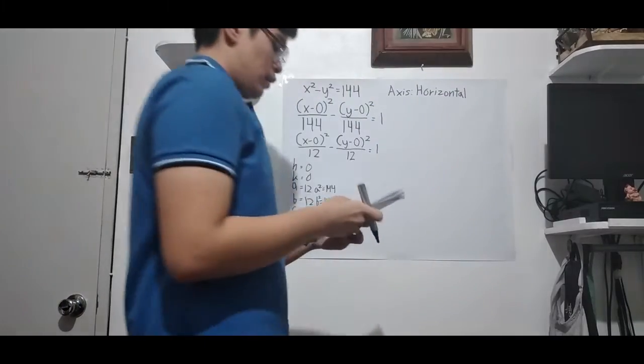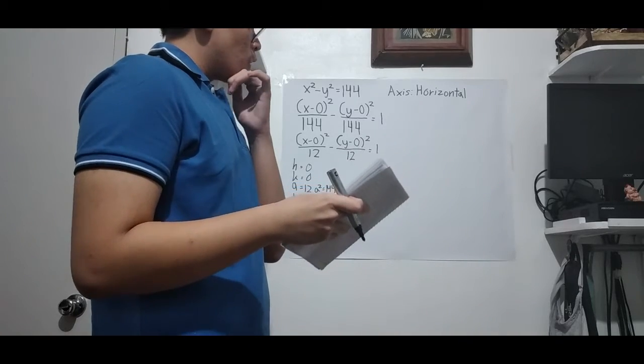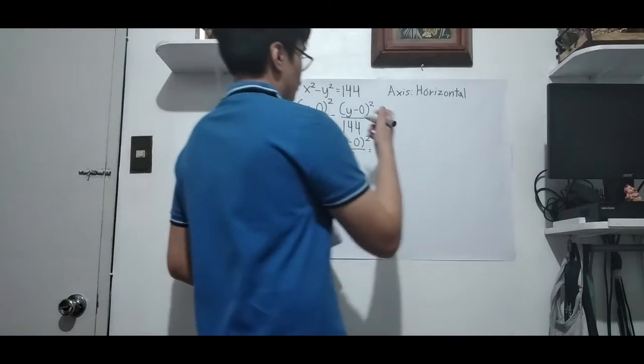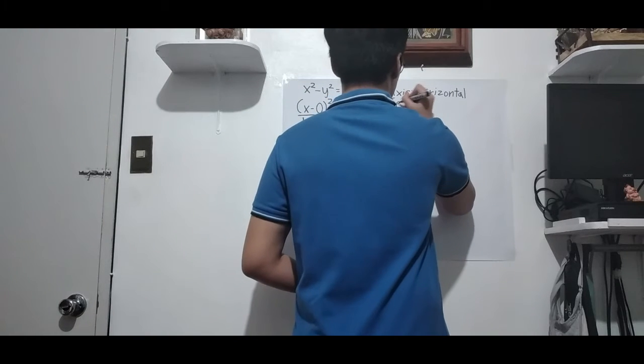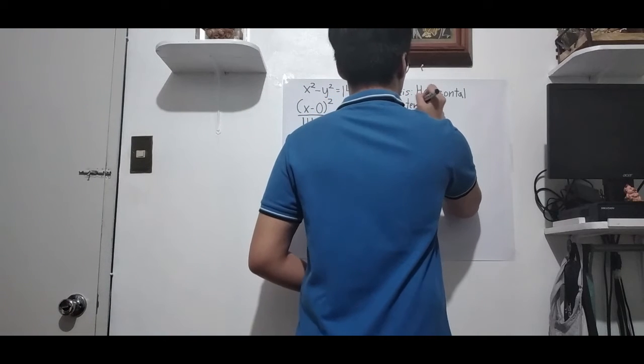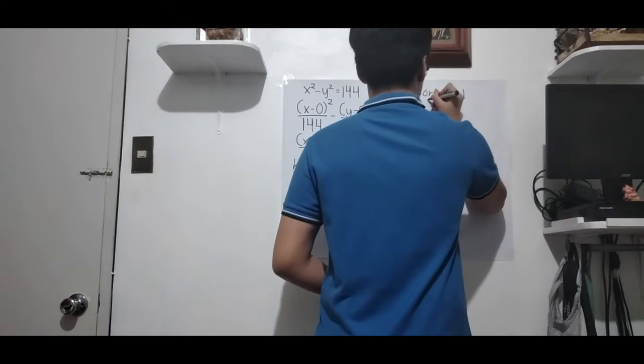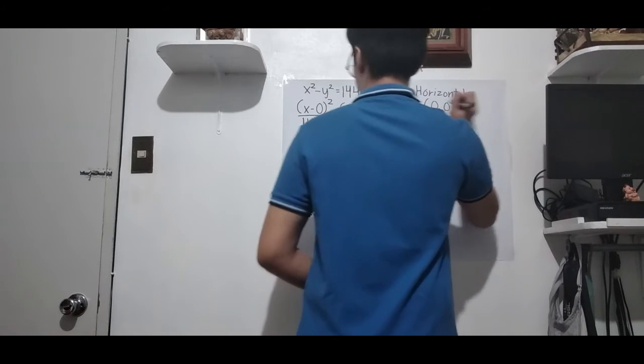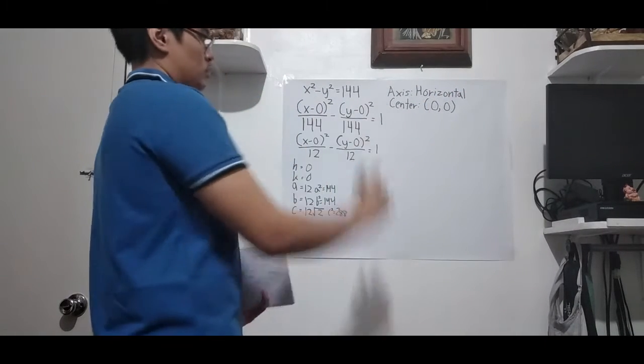And then the second property is the center. That'd be very easy again. The center would be just 0, 0 from the given h, k, 0, 0.